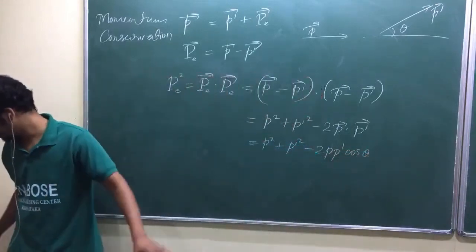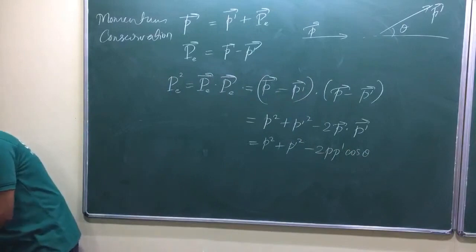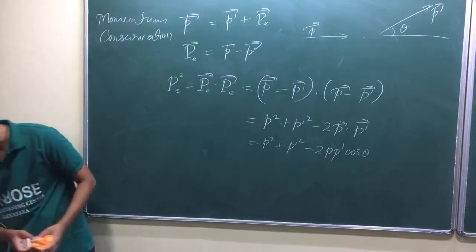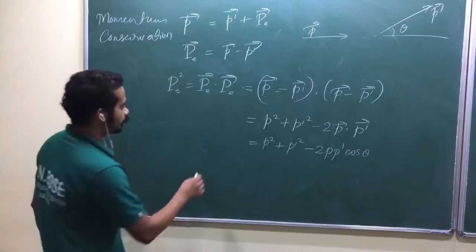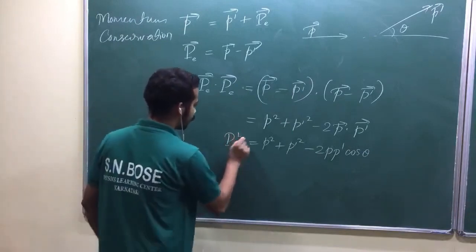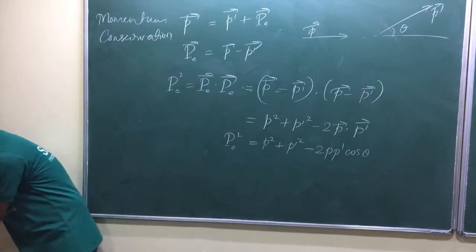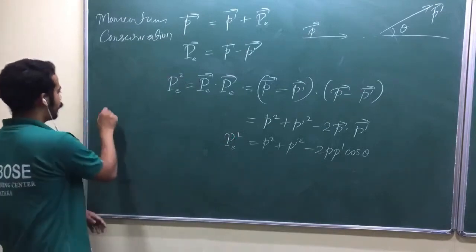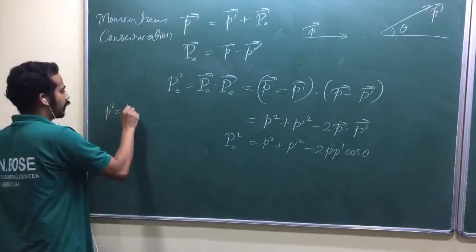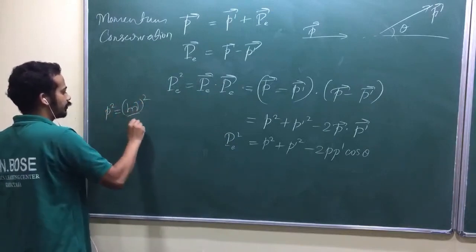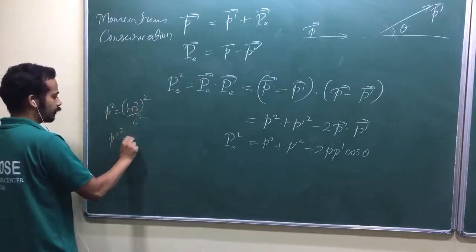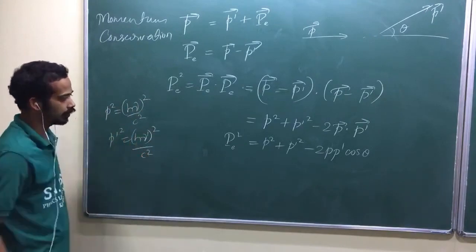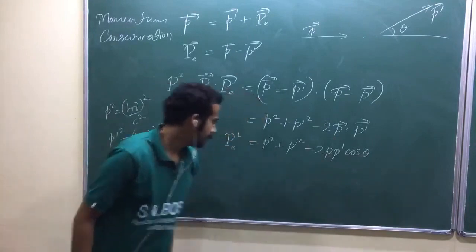Let me keep it one side. I'd better do a small manipulation here. This is PE square. Now P square is h nu the whole square by c square, and P prime square is h nu prime the whole square by c square. I'll multiply the whole thing by c square.